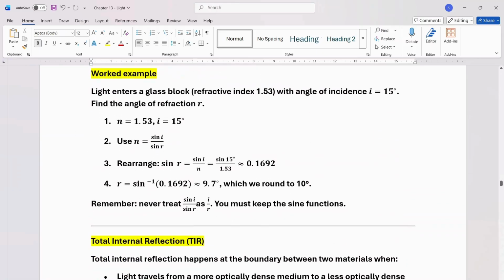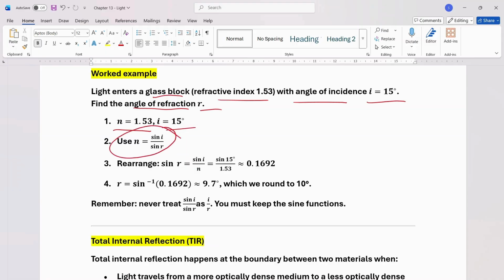Let's do one worked example. Light enters the glass block. The refractive index of that block is 1.53, with the angle of incidence I of 15 degrees, and the angle of refraction R we need to calculate. N is given, which is refractive index 1.53, I is 15.